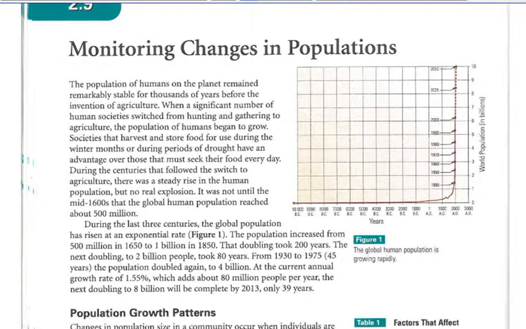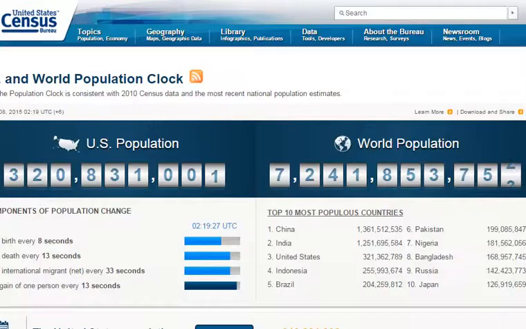And there's many things online you can look at too. For example, World Population Clock. The US population right now, as when this video was made, 320 million, and you can see it increase. Here's the population increase. So if you take births and deaths into account, you get a net increase.